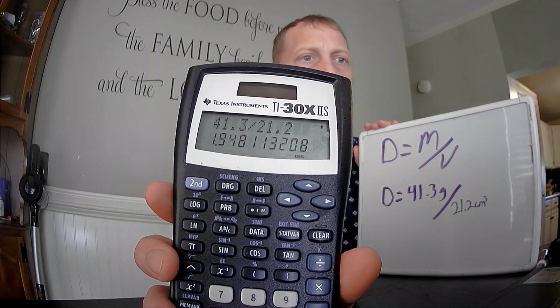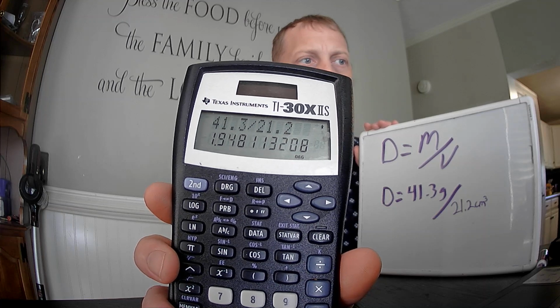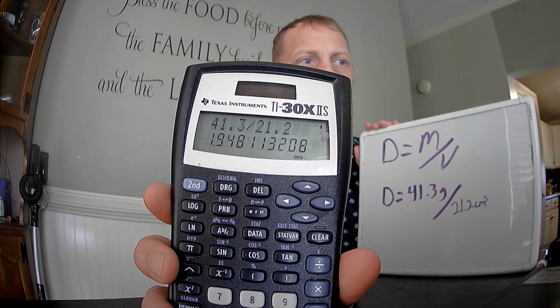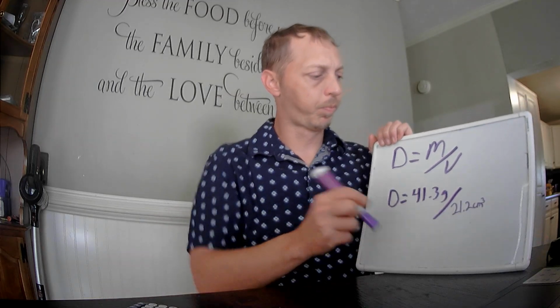So this is how I plugged it into my calculator right here. 41.3 divided by 21.2 is 1.9481.